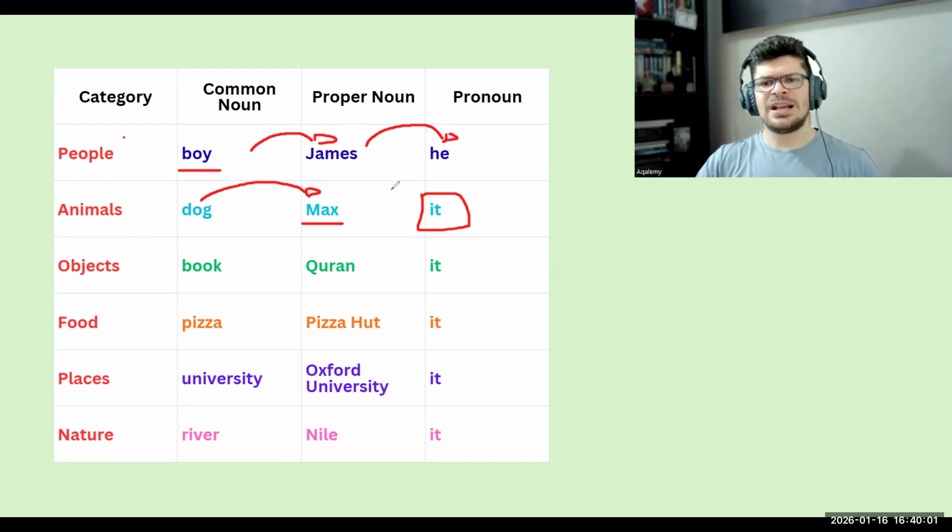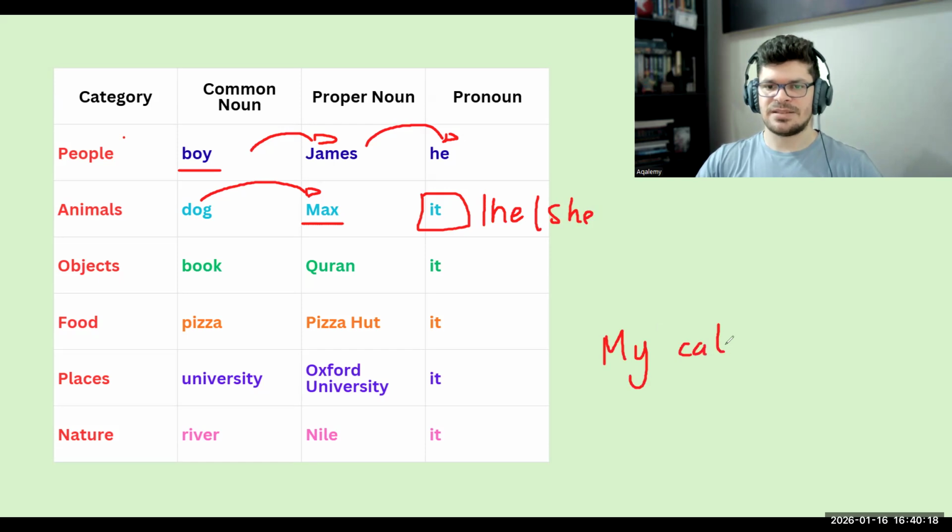Now, in English, we have some problem because the rules change a little bit. Some people, they will use he or she for animal. For example, my cat is soft.